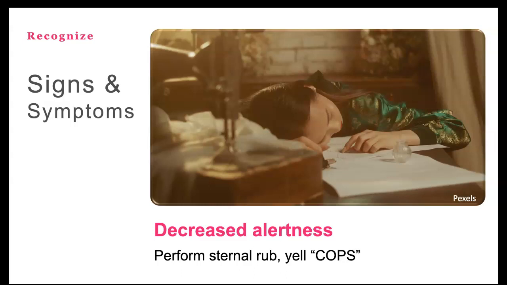Forewarning, if you try this on yourself, it can hurt. To do this, put your hand in a fist. Look at your knuckles. Okay, now place your knuckles on your chest bone in the middle of your chest. Apply pressure and rub up and down on your sternum or chest bone. That's pretty painful, right?